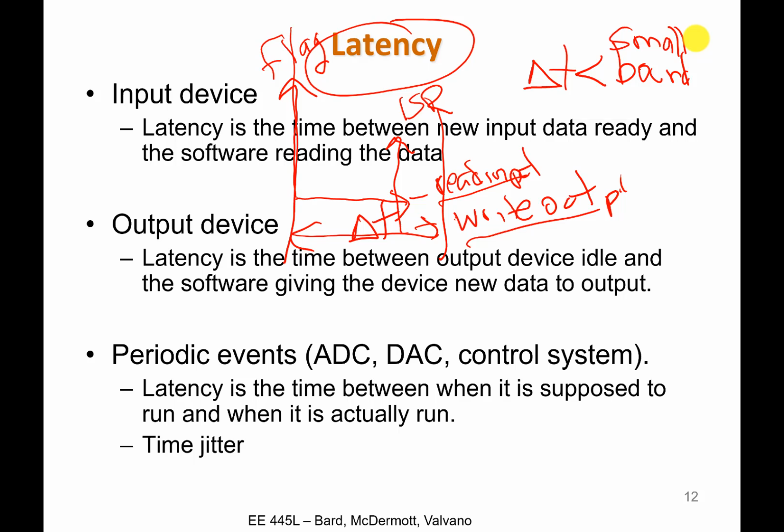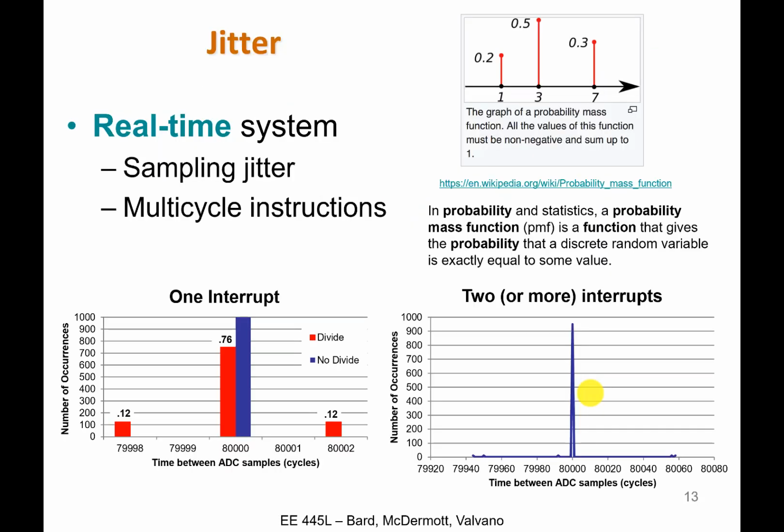Okay? Now, with a periodic event, we'll talk about latency in a different way. We'll talk about this issue of jitter, and there's another slide coming up, and we'll talk about jitter in a moment. All right.